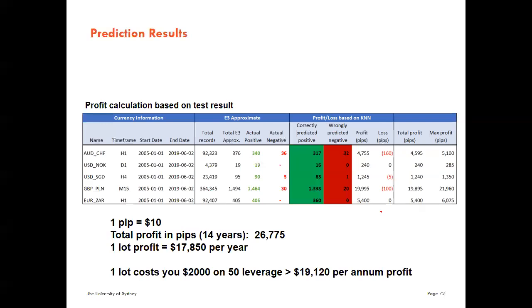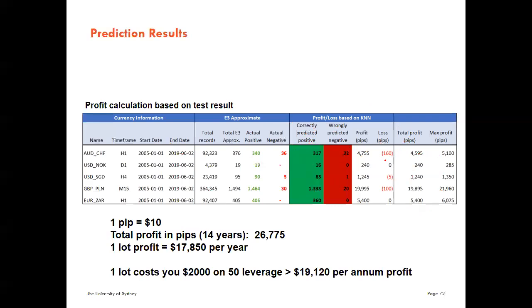So these are the results. Almost every time they have correctly predicted positives outnumbering the wrongly predicted negatives. And these are the total profits in terms of pips. If you don't know what is pip, pip is the basic unit in trading.